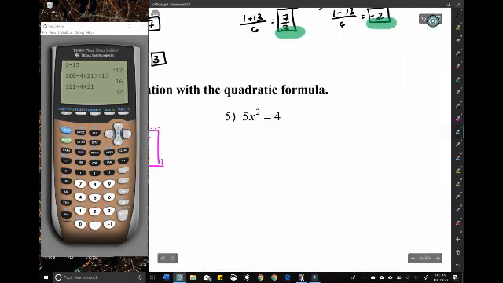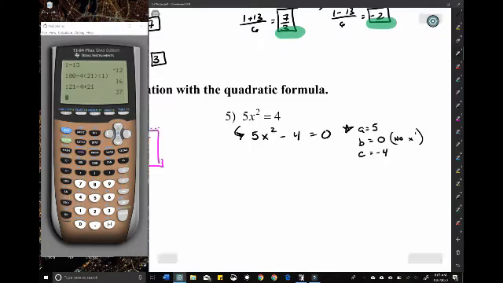Okay, so irrational examples. 5x squared equals 4. What? Okay, well, let's again just set it equal to 0. So minus 4 equals 0. A few things to note here. Okay, a is 5. B, there is no x term, okay, so it's 0, and C is negative 4, because there's no x to the first power.